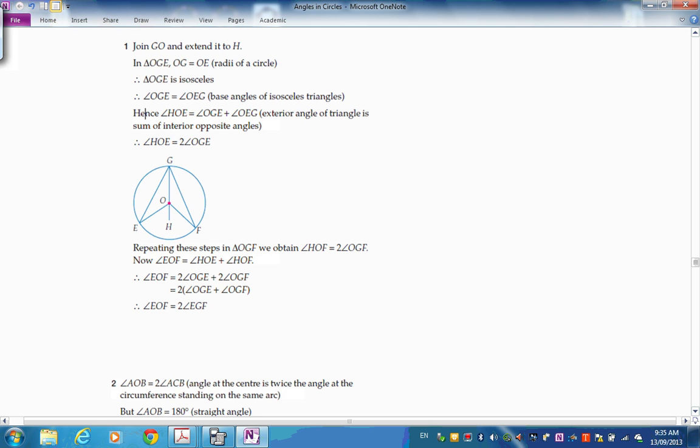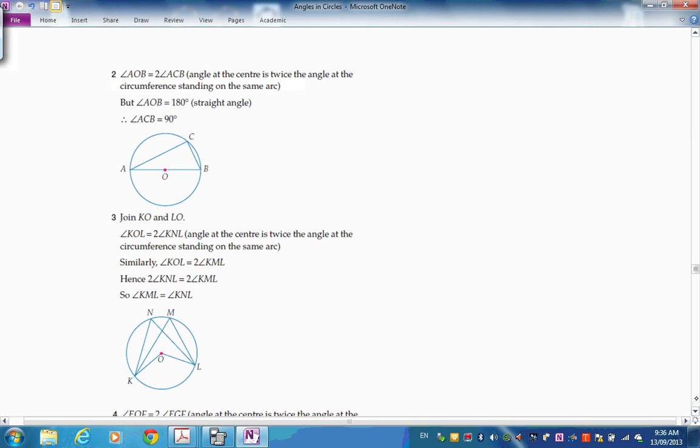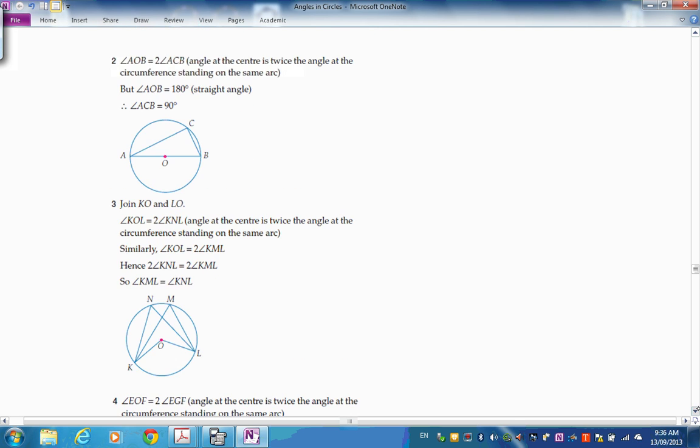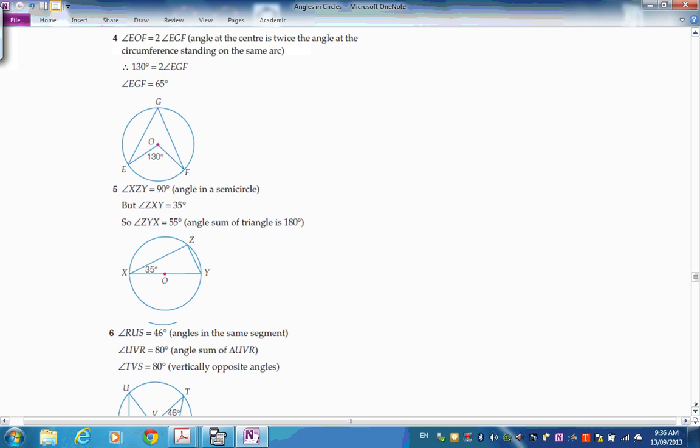Quite long here, lots of arguments. Check out whether you've got the arguments like that. They've got too many words in here. You can abbreviate this. You can also use alphas and betas to refer to the angles. Makes it briefer. There's question 2 and 3. Question 4 and 5.